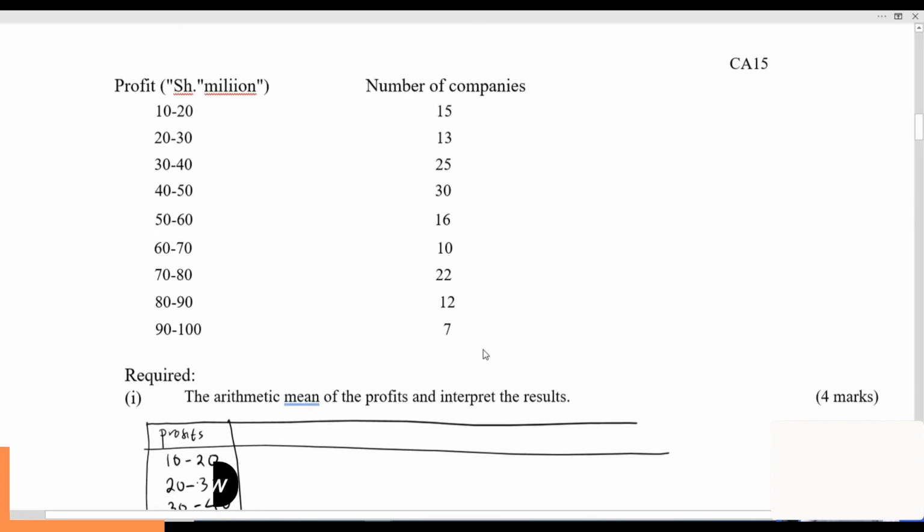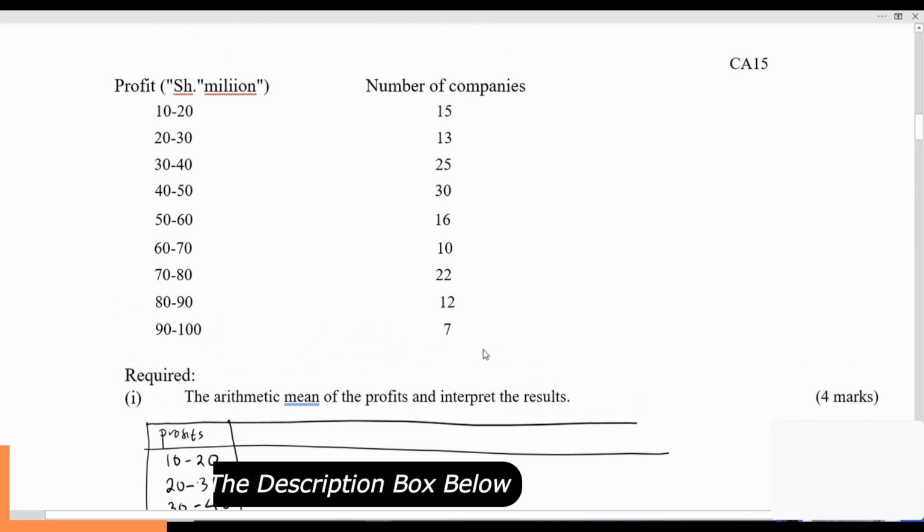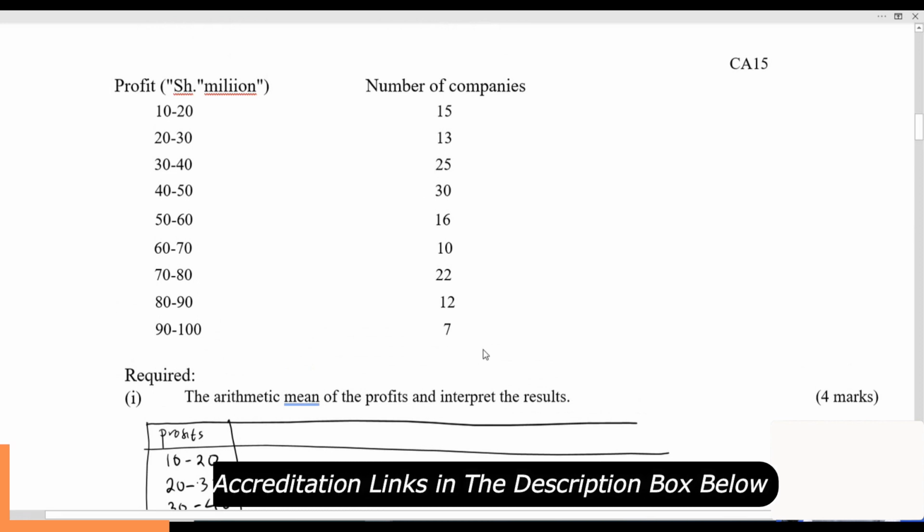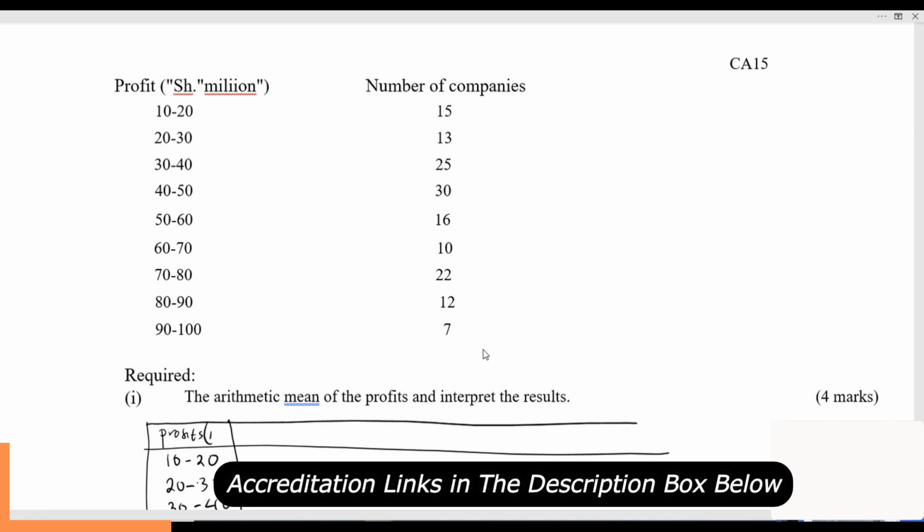Now, these columns represent the profits, and remember, the profits are in millions.